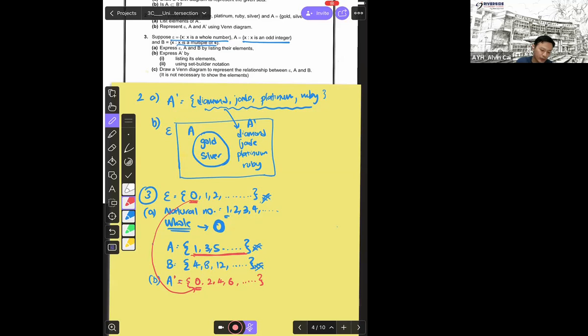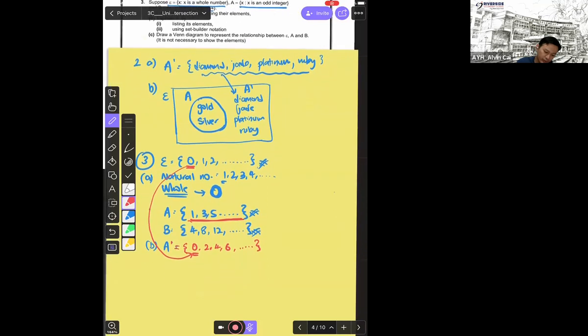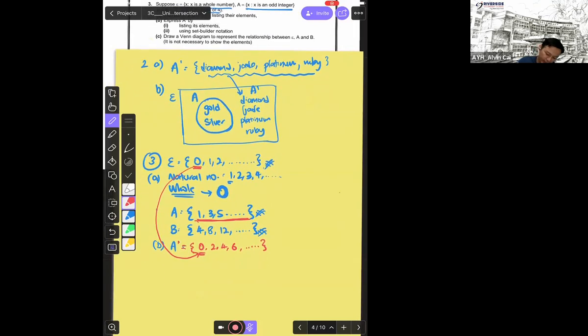And we are supposed to use set notation. So how do we use the set notation? So we just bring it out a bit. A complement equals, set notation, if you can recall, is basically we are supposed to use the description a bit.